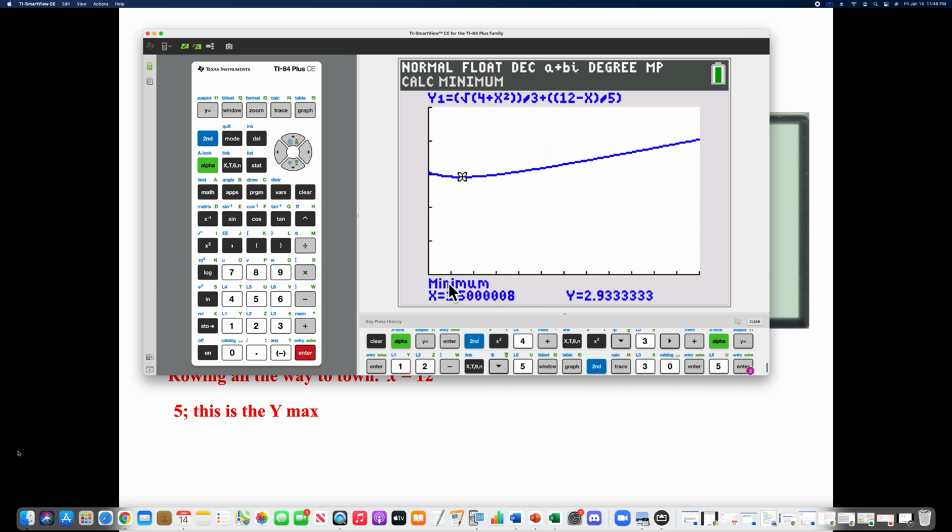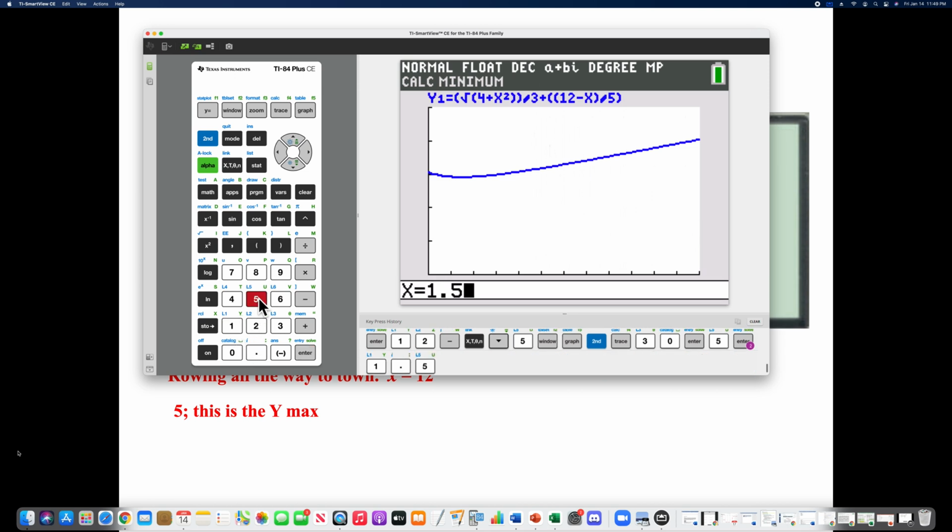I'm guessing this is a rounding error. So if I were to type in just 1.5, there is the same 2.9333333. Now, I'm going to do the minimum one more time just to show you that it's possible to get a different value than that 1.500000008. So second trace, do the minimum again.